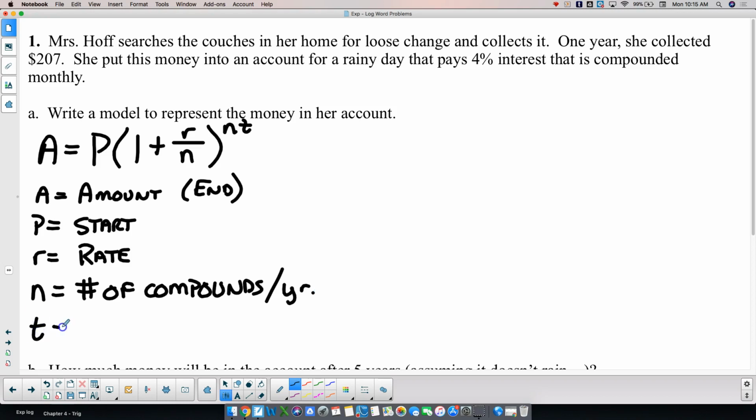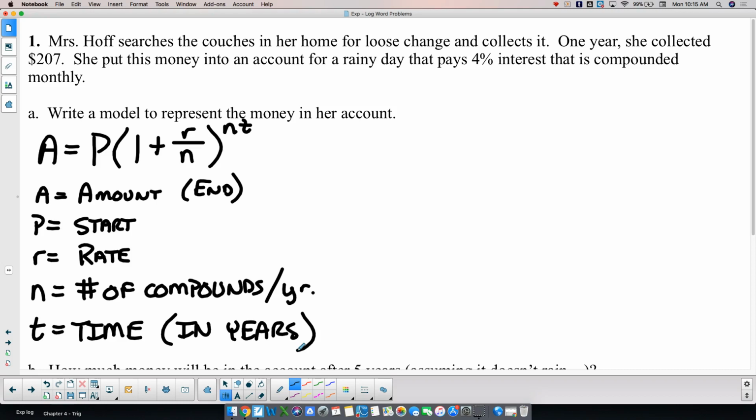T is the time, and the time is in years. So if we're asking for 1 year down the road, how much money's in the account, your T would be 1. If I'm asking for 17 years down the road, T would be 17.